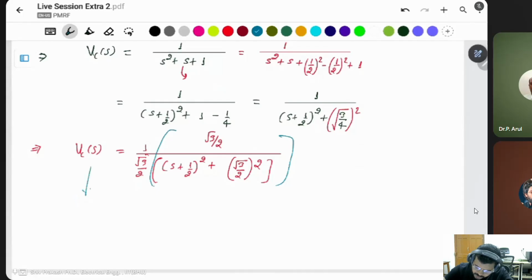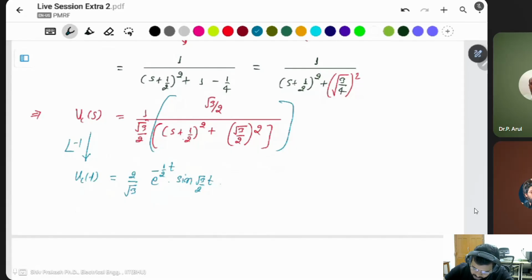The inverse Laplace is 2 by root 3 times e to the power of minus t by 2 times sine of root 3 by 2 t.